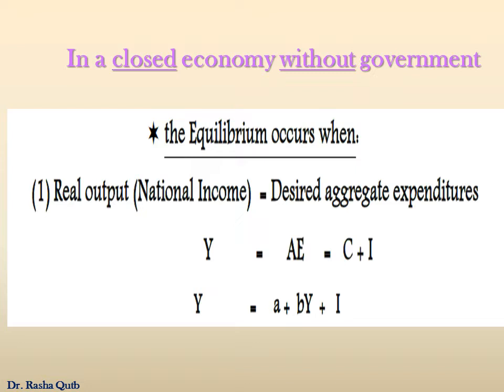We have only two active sectors inside the economy, household sector and business sector. In this case, we have only two elements of desired aggregate expenditure. We have desired aggregate consumption needed by household sector and desired investment expenditures needed by business sector.